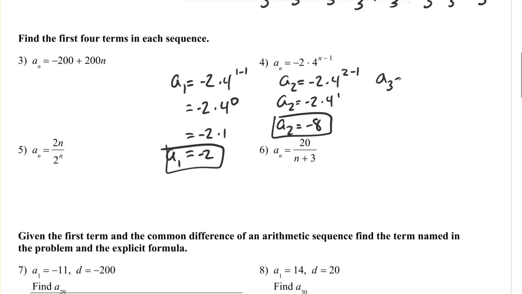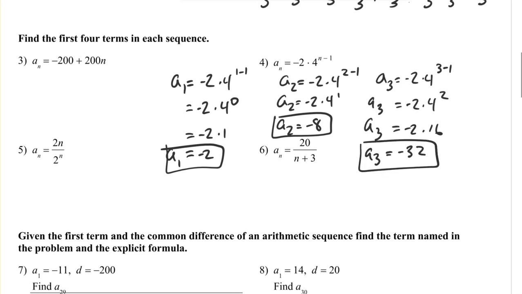And our third term is negative 2 times 4 to the 3 minus 1 power, negative 2 times 4 squared. So that's negative 2 times 16, which is negative 32.